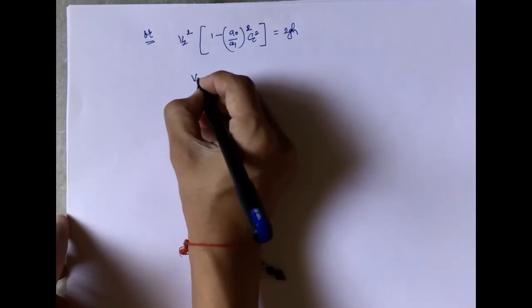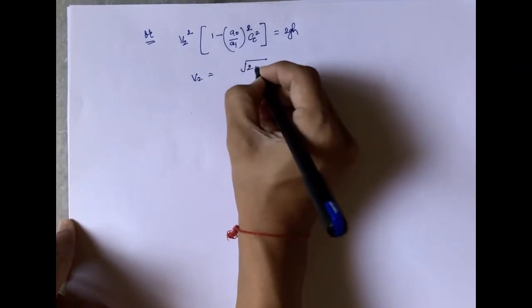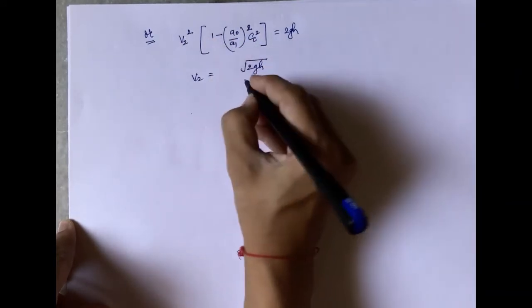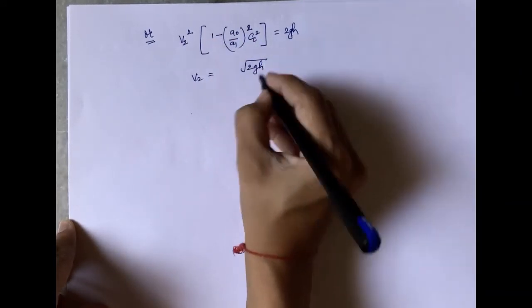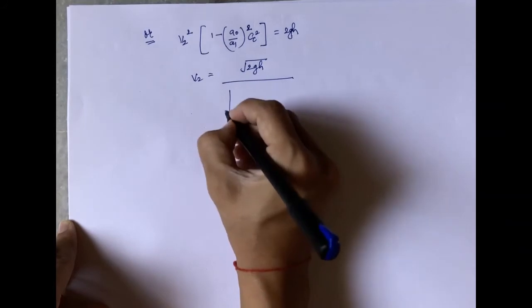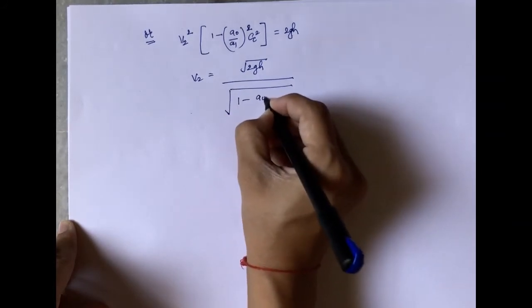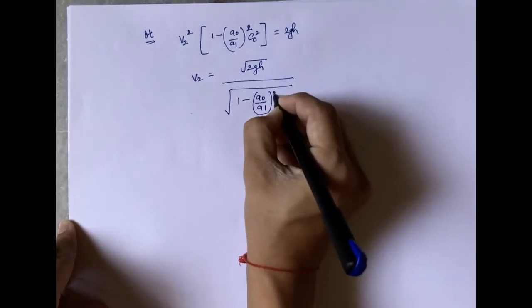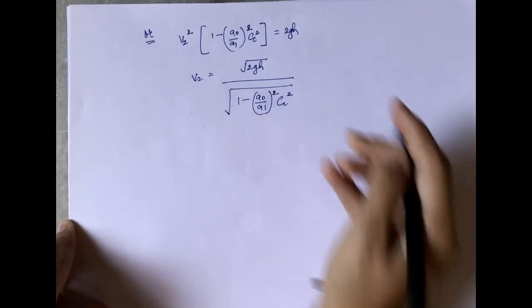So now V2 is equal to under root of 2gH upon under root of 1 minus A0 upon A1 whole square into Cc square.